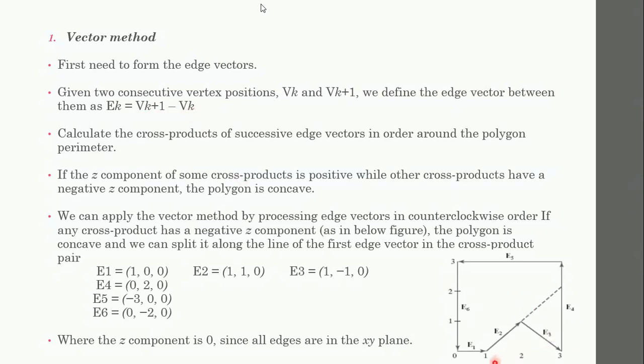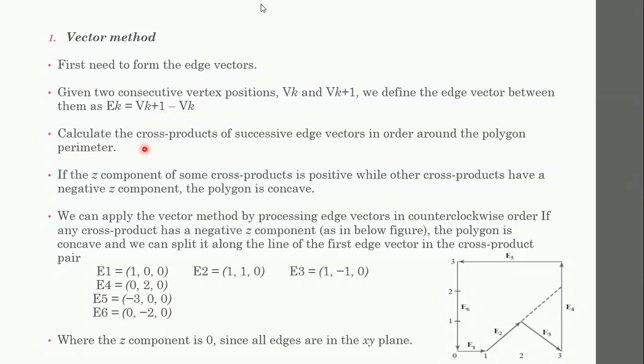Suppose you consider initially two vertices, going from 0 to 1. Here 0 will be vk, vk plus 1 is the next vertex, and you have the edge also. The edge is ek is equal to vk plus 1 minus vk.